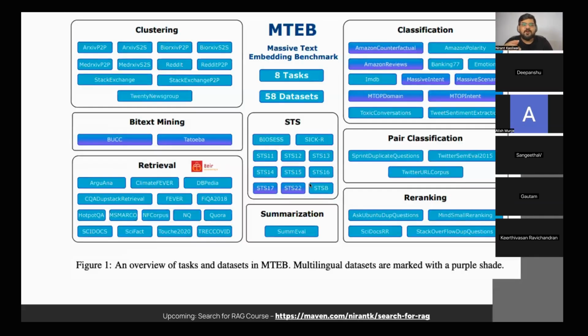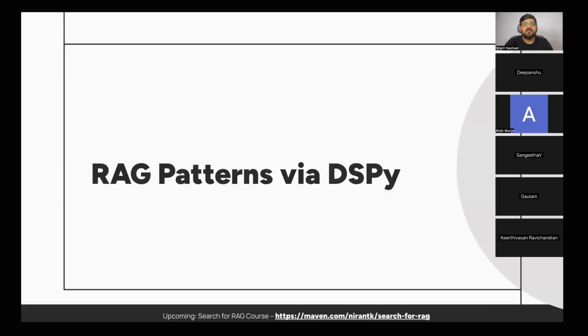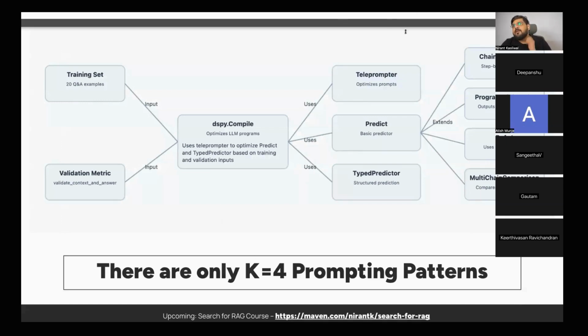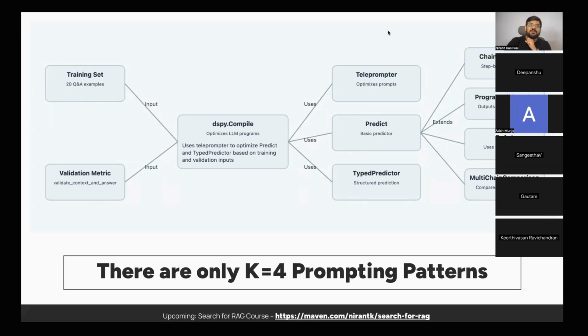I was going to talk about how do you select embedding models, but since we did not really get that question, it's fine. One thing which we really did not cover, because we were a lot more search focused, was RAG itself. So I just want to spend 2-3 minutes on RAG. My controversial opinion is this: I think there are only 2 to 4 patterns of RAG which really matter in terms of prompts.